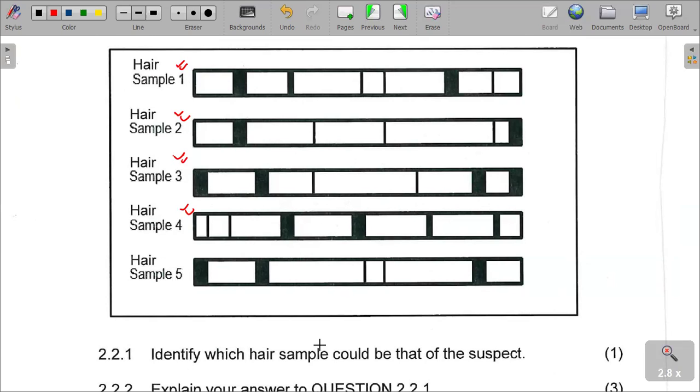If we look at them, the one that could be the suspect looks different or has something unique. That is going to be hair sample 4. Hair sample 4 can be that of the suspect.